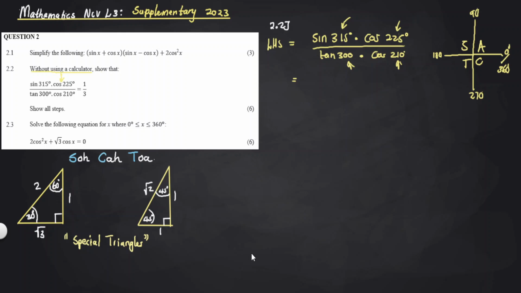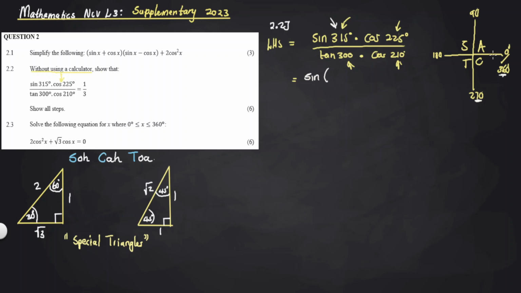So we're going to start off by reducing 315 to a special angle. How do we do that? I know 315 is in the 4th quadrant because 315 is between 270 and 360.